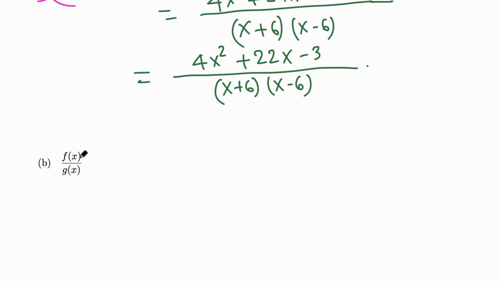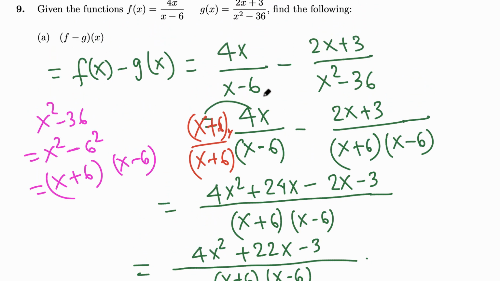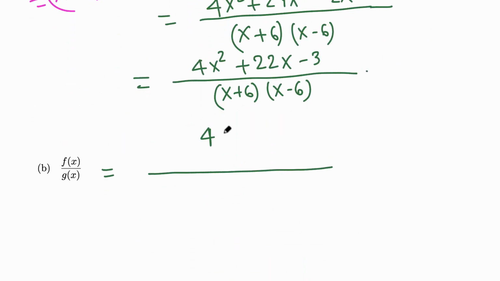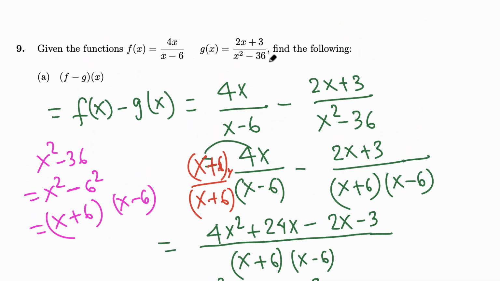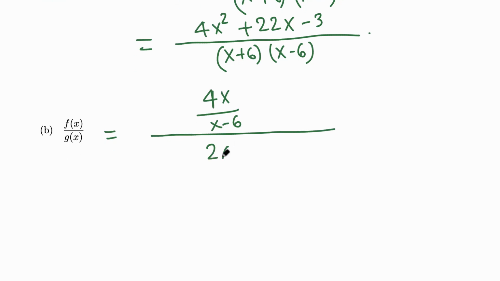Now we need to divide f by g. So here is the division sign. The first function f is given as 4x over x minus 6, divided by g of x, which is 2x plus 3 over x squared minus 36.